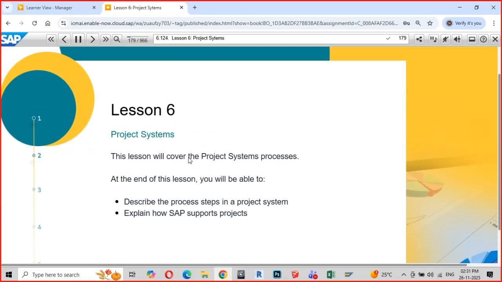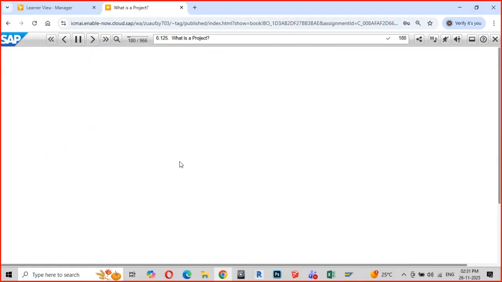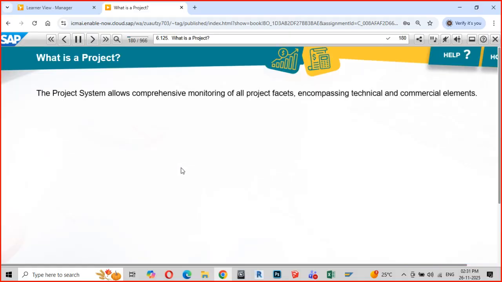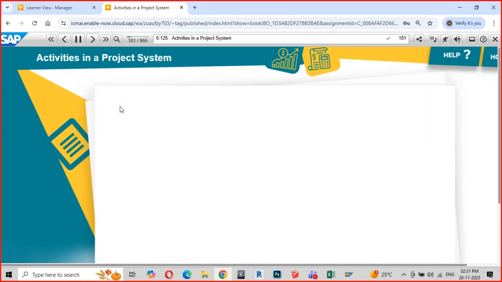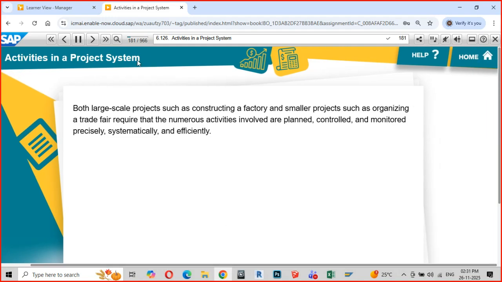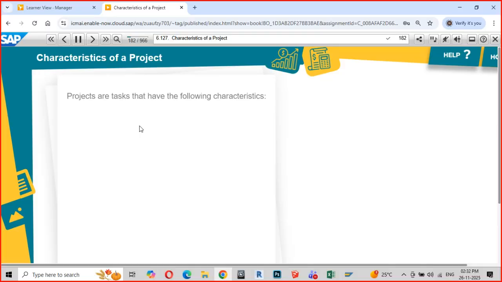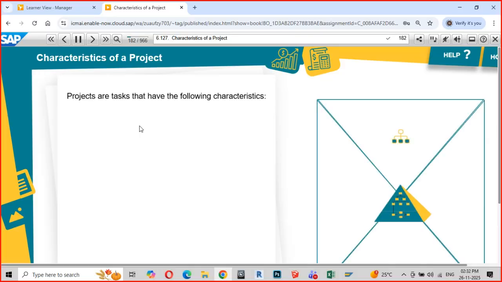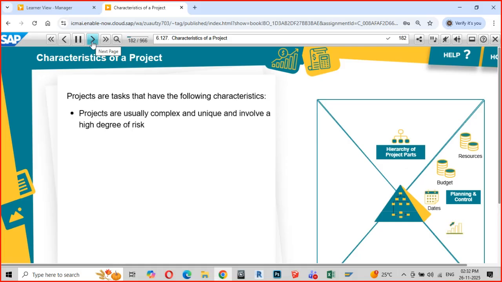Project systems, try to understand what is project systems. I was talking about the PS module, project systems module. So he starts by explaining what is a project, activities. So please read them. All right. Projects are usually complex and unique and involve a high degree of risk.